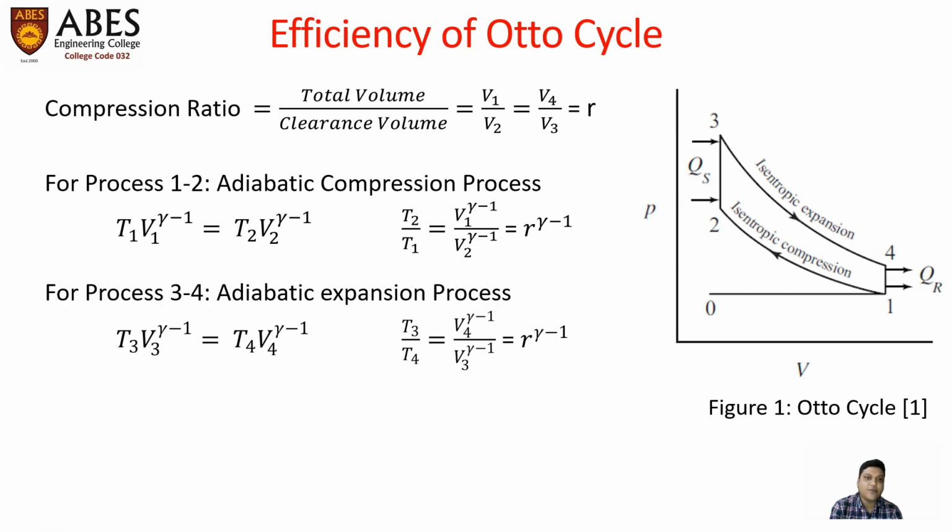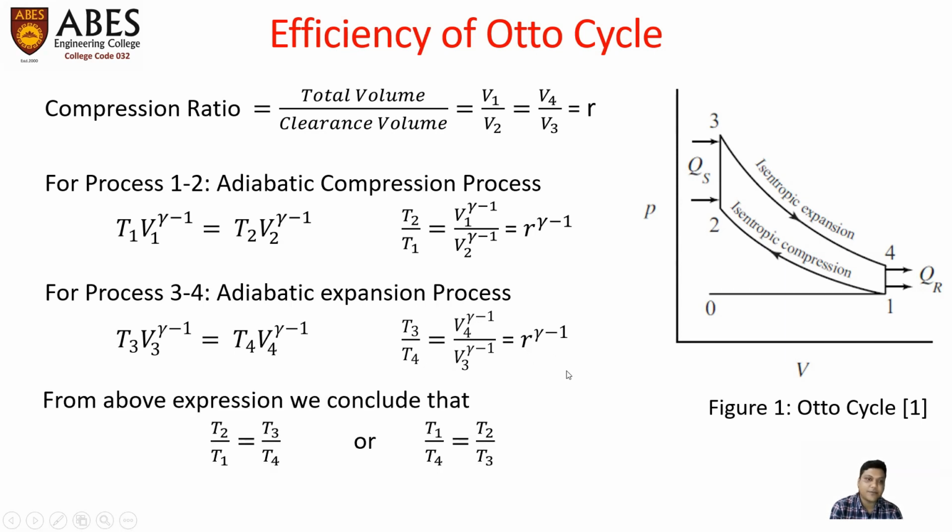Similarly, for process 3 to 4, that is the adiabatic expansion process, as we saw from the above expression, the mathematical equation becomes T3 V3 to the power gamma minus 1 equal to T4 V4 to the power gamma minus 1. After rearranging in terms of temperature ratio, T3 upon T4 is equal to V4 to the power gamma minus 1 divided by V3 to the power gamma minus 1, and that is equal to r to the power gamma minus 1.